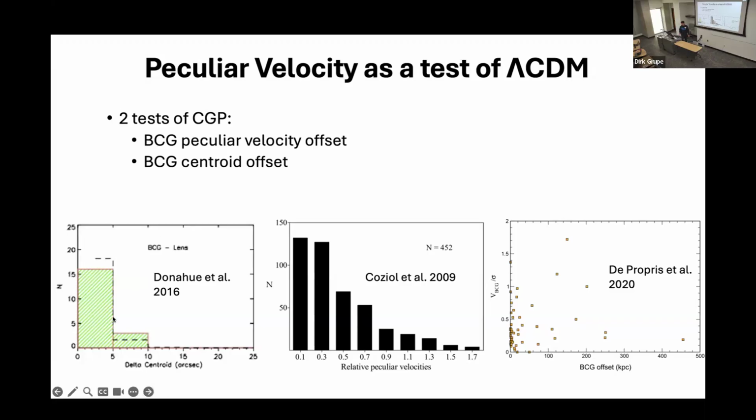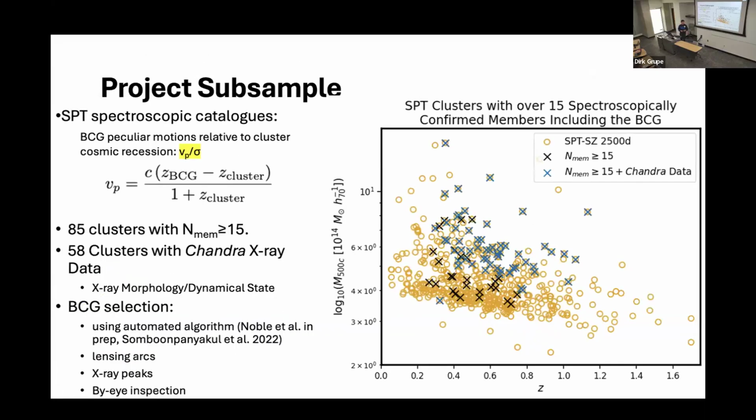For instance, this is a relatively small cluster sample from the CLASH sample. And this is for a bunch of Abell clusters, which are very low redshift, measuring the peculiar velocities. So what we want to do is apply this to a statistically, cosmologically complete sample, which the South Pole Telescope provides us.